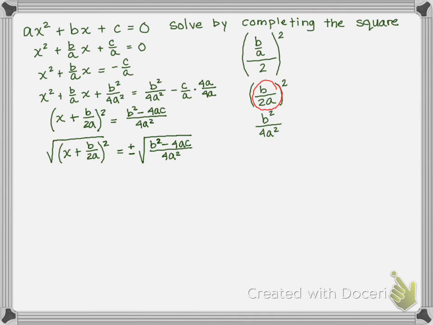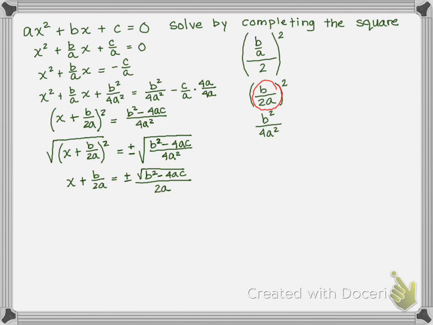So on the left side, I just get x plus b over 2a. And on the right side, if I take the square root of the top, that doesn't simplify, so b squared minus 4ac. But the square root of the bottom is 2a. So make sure that radical is only in the numerator. We don't have a radical in the denominator because we were able to take the square root of the denominator.